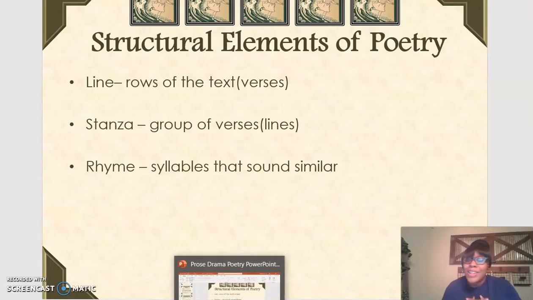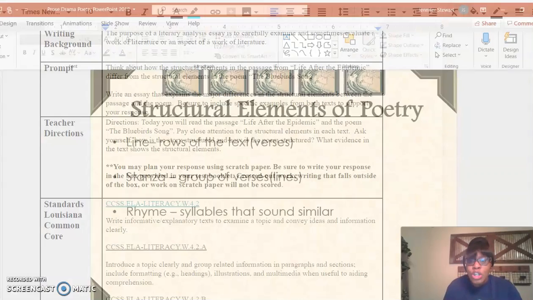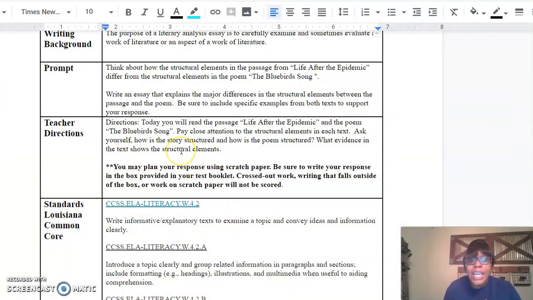So, look at your writing prompt. Once you look at your writing prompt, go ahead and decompose it because today you're going to tell the differences between the passage and the poem. What are the different structural elements between the passage and the poem?